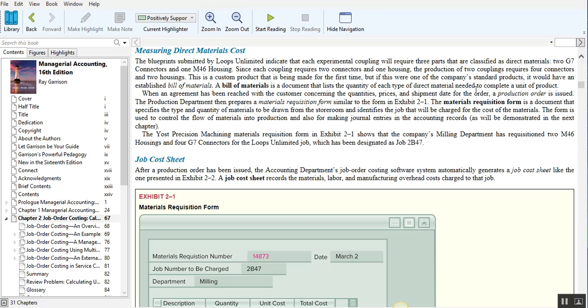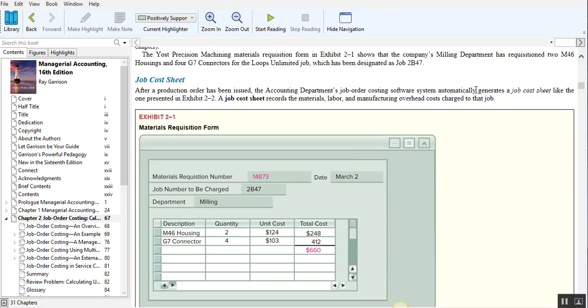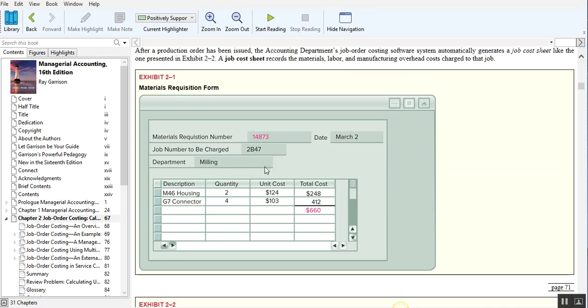Now, as those products were manufactured, as the materials were put in, the materials cost was tracked by the people in the production department. So as you are manufacturing, as you're adding materials, you're keeping something like this, which, by the way, is an individual per unit cost.